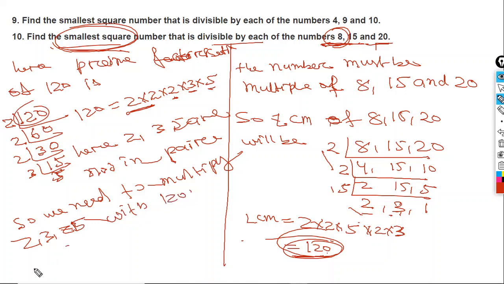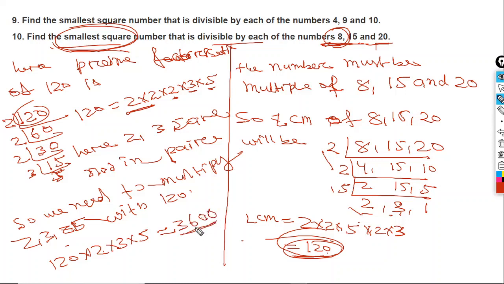So the number will be 120 into 2 into 3 into 5, which will be equal to 5 3 is 15 into 30. So 30 into 120 will be 360, then 0, another 0.